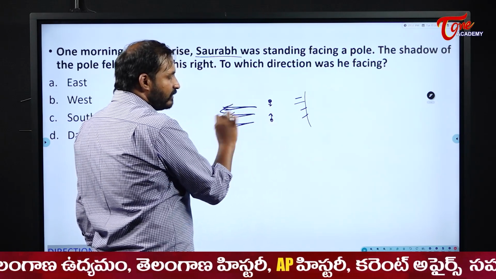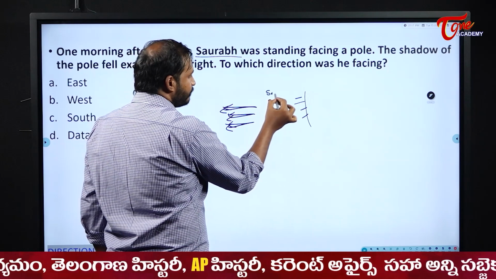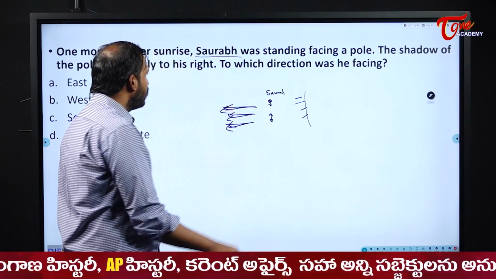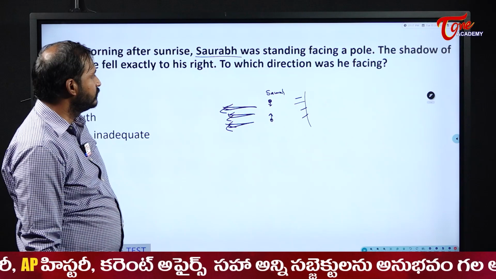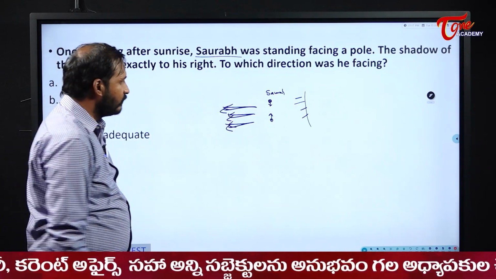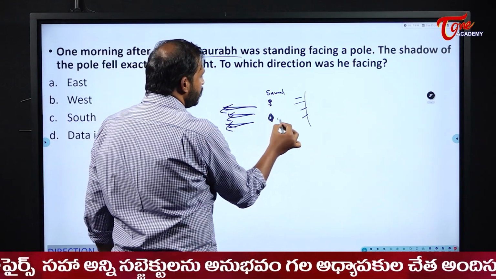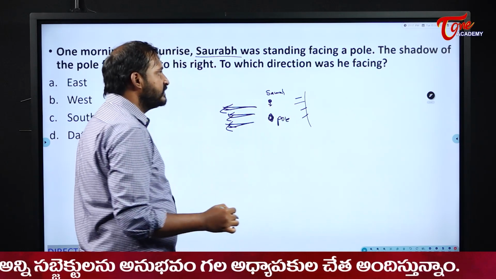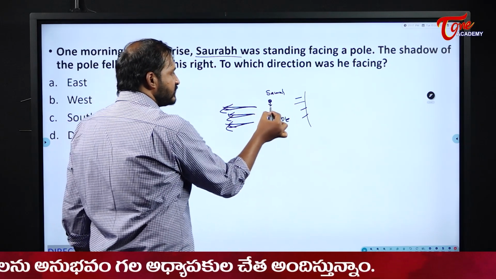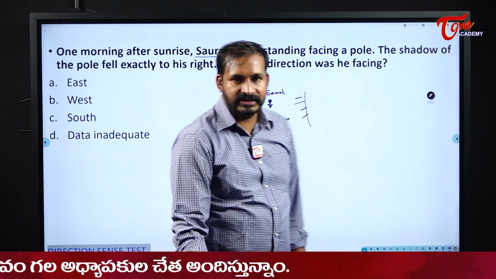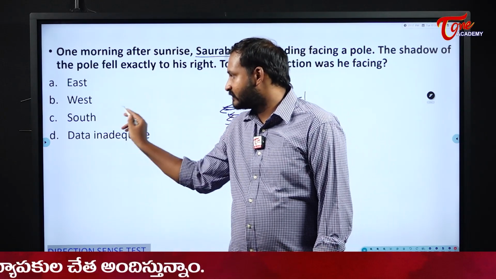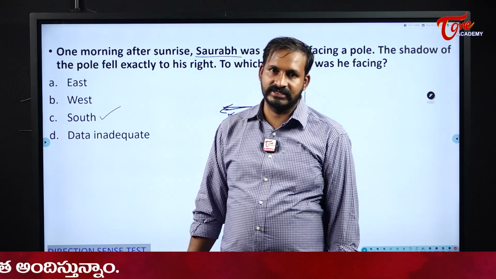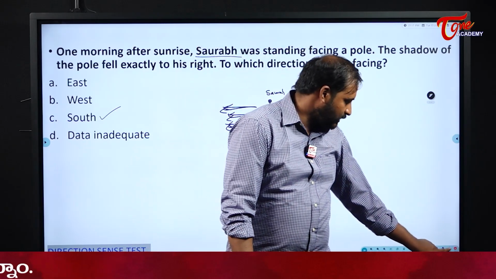If he is here, it will become left. So, Saurabh will be here. So that this becomes what? Left of Saurabh's right. Now, here I have pole. This is a pole and Saurabh is facing. To which direction is Saurabh facing? Saurabh is facing south direction for us here. Very simple one. Try to understand the logic.